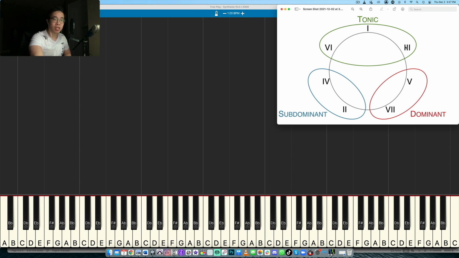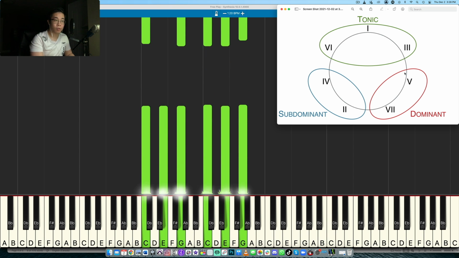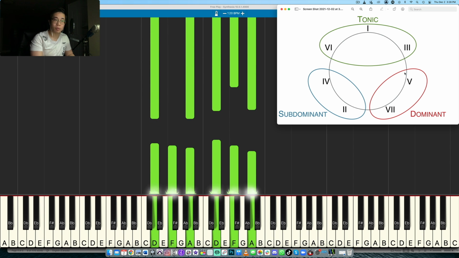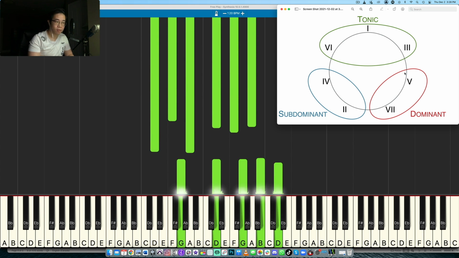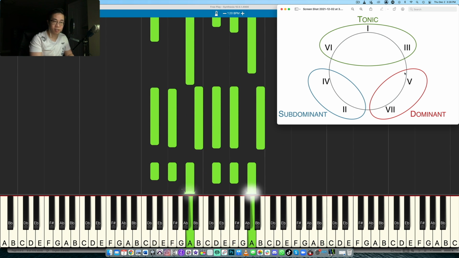Yeah, that's essentially the very, very basis of functional harmony. So each of these chords within a scale, so if we look at the key of C major, each chord has a specific function, right? So 1 is the tonic chord, 2 is considered a subdominant chord or has a subdominant function because it really wants to go to 5 or really wants to go to 4, go to 7, right?